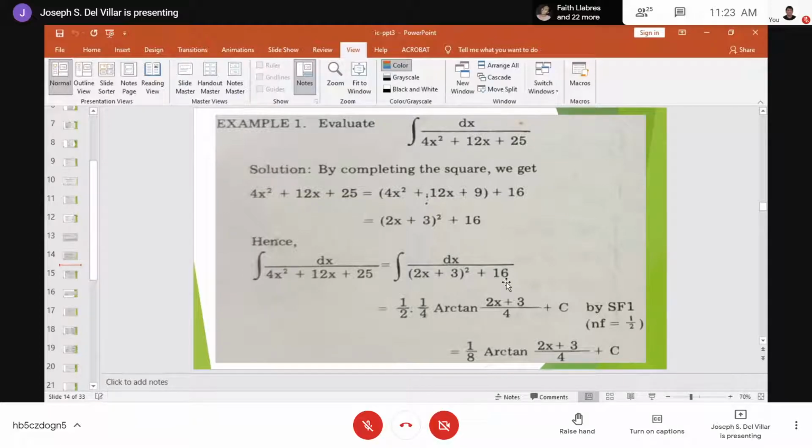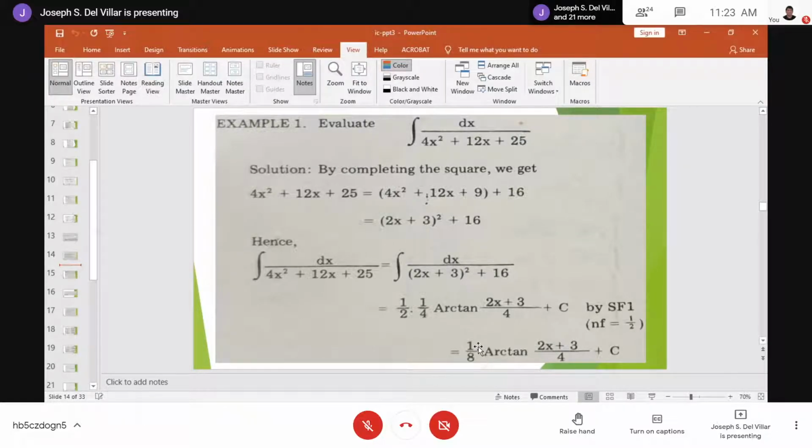So ang a natin is 4 because 16, you have to rewrite that as a 4 squared. Okay? So 1 half times 1 fourth, times the arctangent of u, which is 2x plus 3 over a, so over 4 plus c.